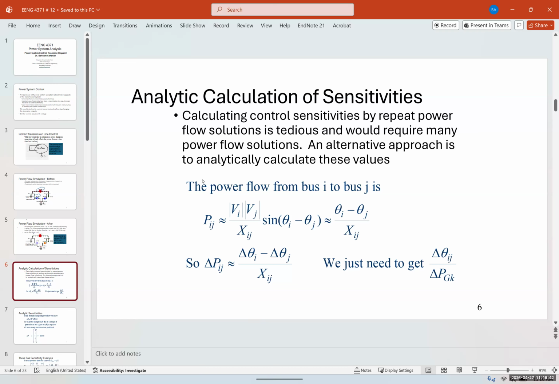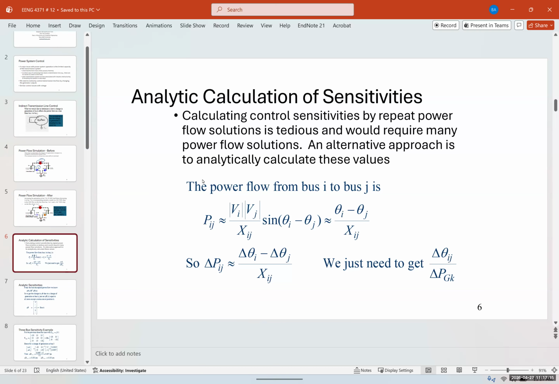With hundreds of generators and thousands of lines, it's not practical in real time. So instead of running simulations, we calculate these sensitivity values analytically, directly from the network equations. We do one matrix inversion and we get all the sensitivities at once. This is what makes real-time control possible.